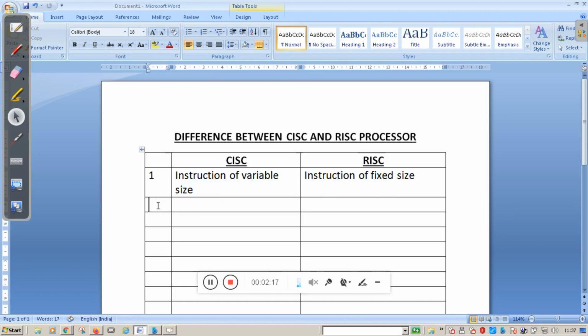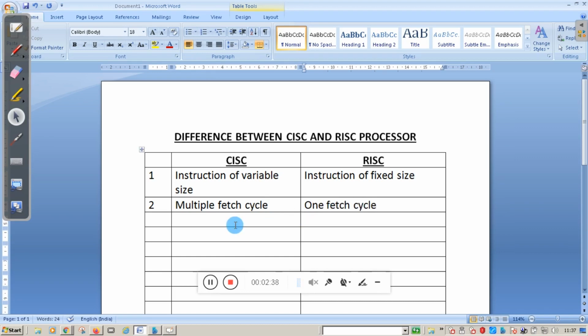Now let's see the second point. The second point is multiple fetch cycle. In CISC it is multiple fetch cycle, and with respect to RISC it is one fetch cycle.